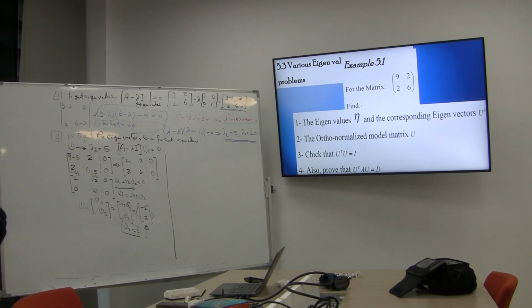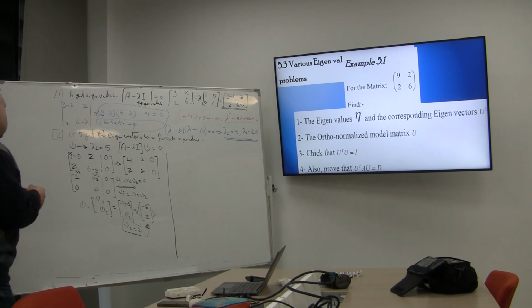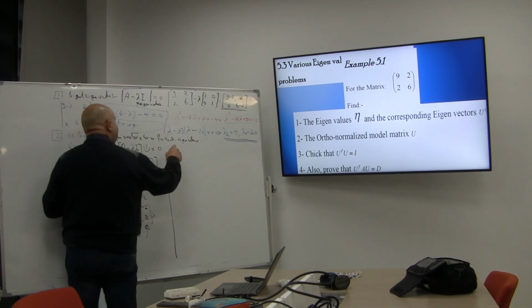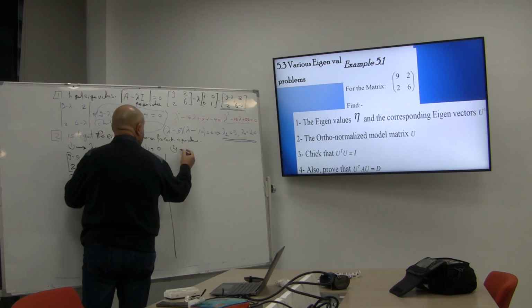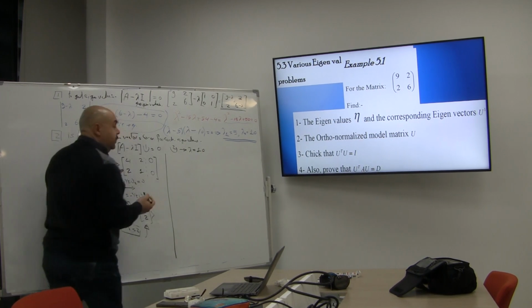Same procedures هعيدها تاني، بس المرة دي وأنا بعيدها مع مين يا محمد؟ مع lambda 2. يبقى أنا كده I will get the value of the second eigenvector which corresponds for lambda which equal كام؟ 10.